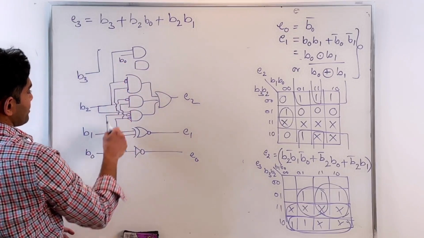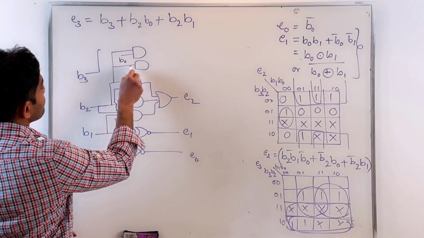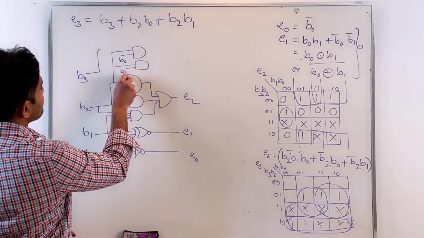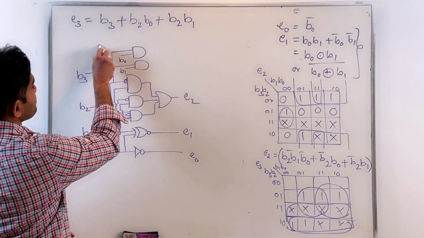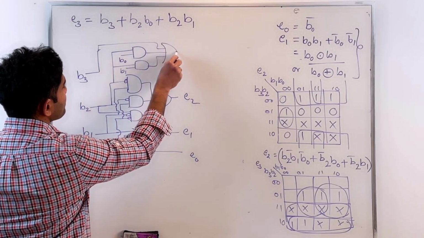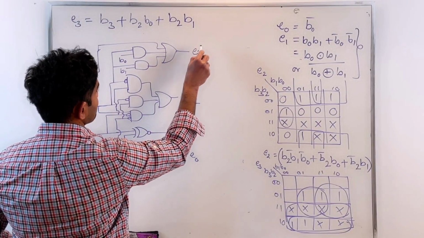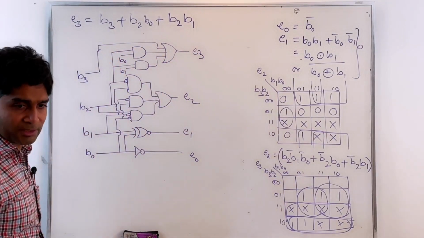So that's the same wire that is going there, and B2, B1. Instead of just making it all a big mess, and that's my E3. And that's it. So that's my device.